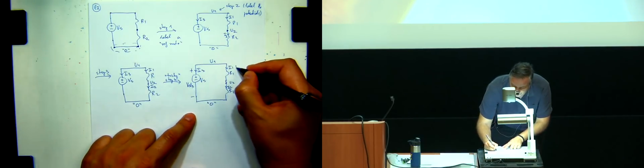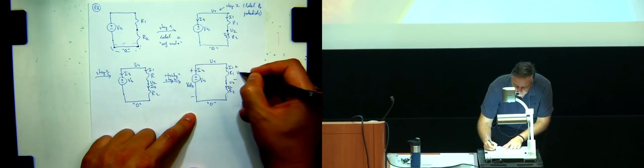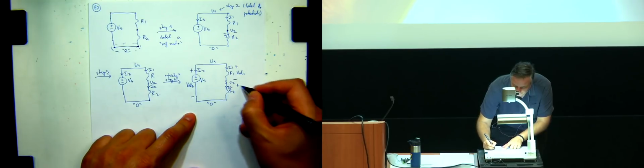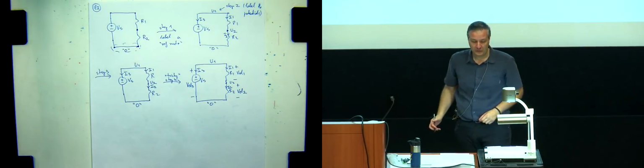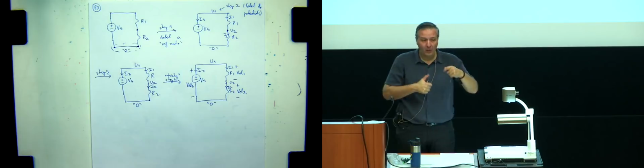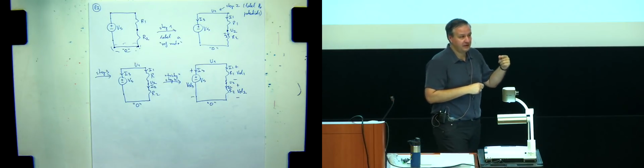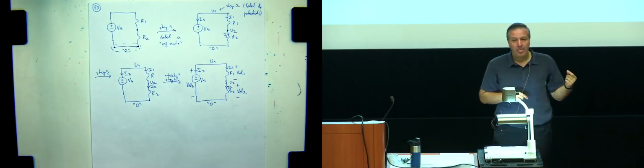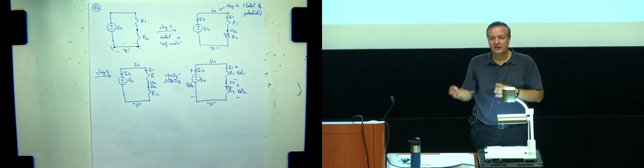So I'm going to say this is V element 3, and then I'll mark this as V element 1, and here this is V element 2. You have to be really careful to always label these appropriately. The reason is very simple.